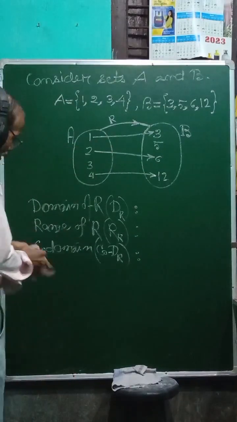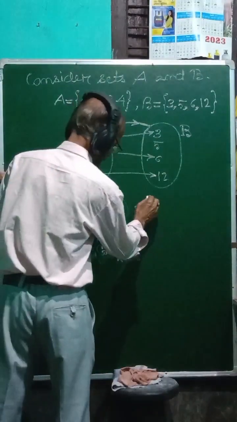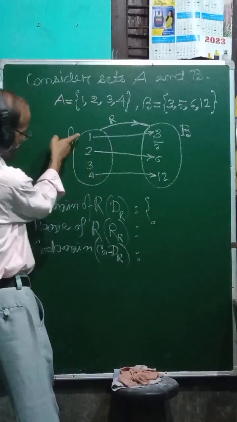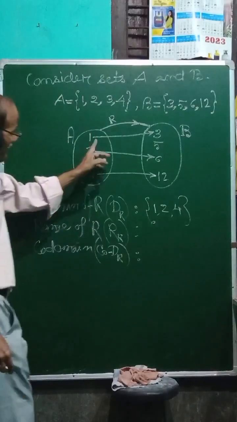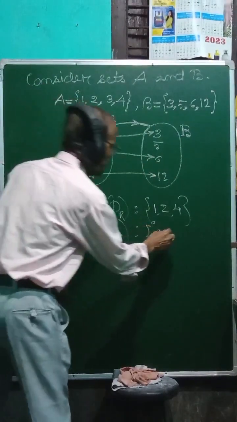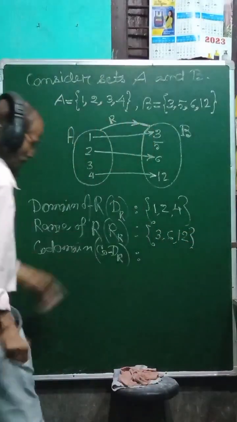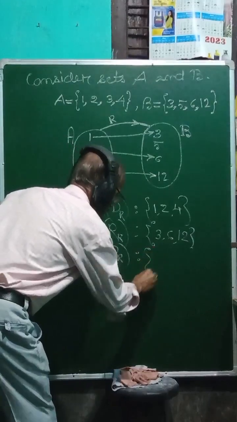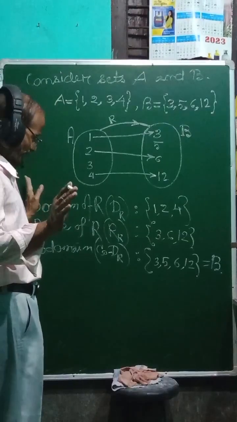So for example, domain of R of this relation will be the set of all those 1, 2, 4, and range: 1 to 3, 2 to 6, 4 to 12, so 3, 6 and 12, and codomain is the total set 3, 5, 6. So I hope that you have understood.